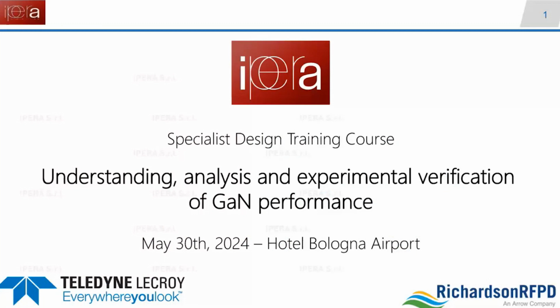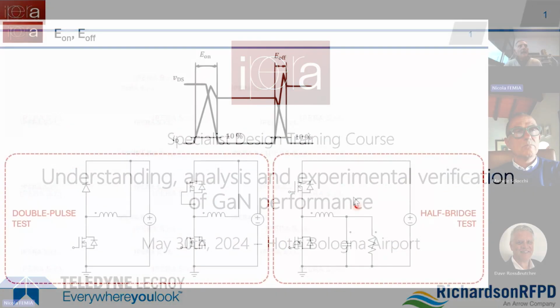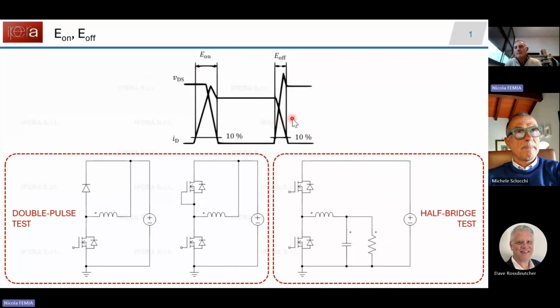I'm going to share a very short presentation to support our discussion. The problem is that when you want to get the on and off energy, you must be aware of the scheme, the electrical configuration you are considering, because much depends on the device you couple with the device under test to get this information.